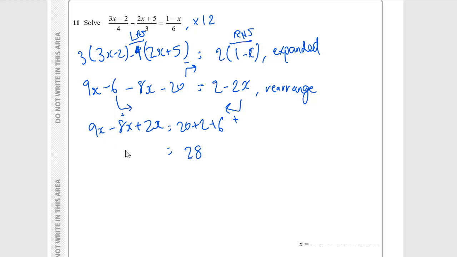And this here gives us 3x, so that means x is 28 over 3. Can't be simplified any further.